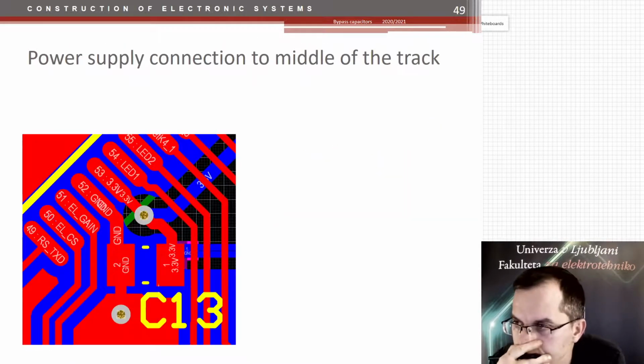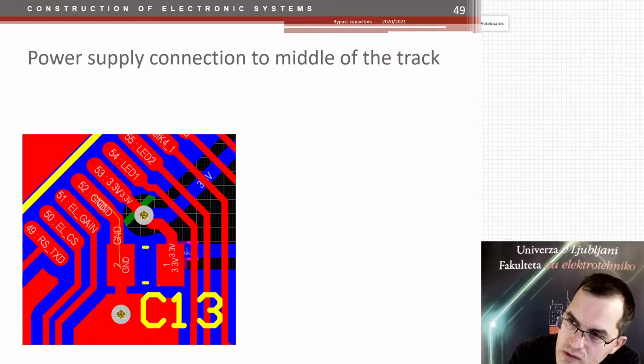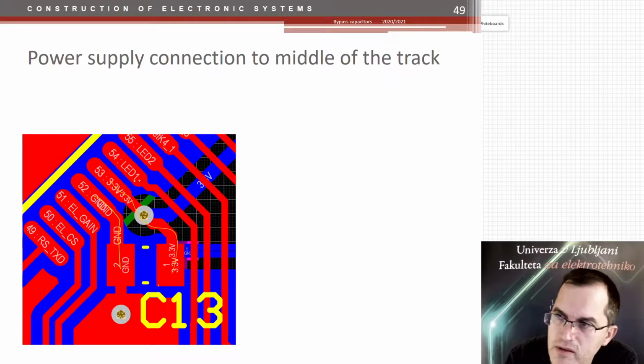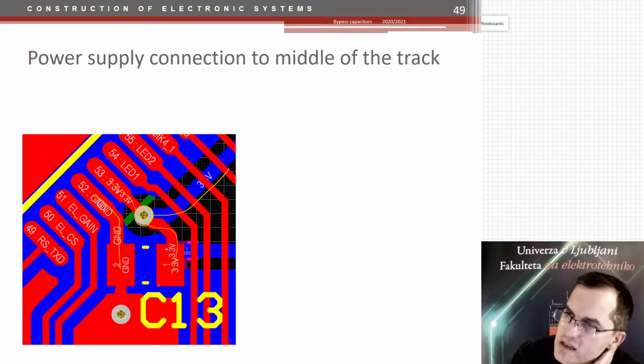What about that one? Well, here the ground connection is very short, which is good. The power connection is a little bit longer, but what troubles here is the connection of the power, which connects just in the middle of that track. Connecting to the middle of that track would mean that you increase the inductance of this connection because you put a hole in the connection directly here, so the inductance is increased.